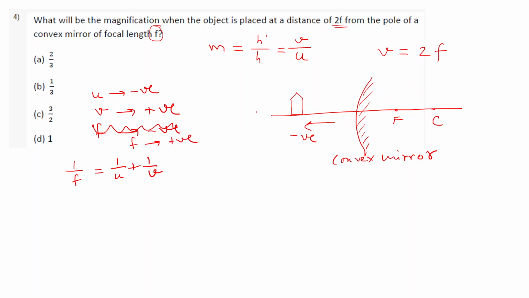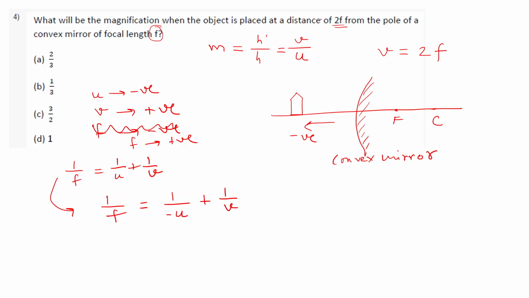Image is also on the right side, object is on the left side. So these will be the sign convention. Inserting them in this mirror formula, f is positive, u is negative, so I'll write it as minus 1 over u, v is positive. So this is my final formula for this situation.